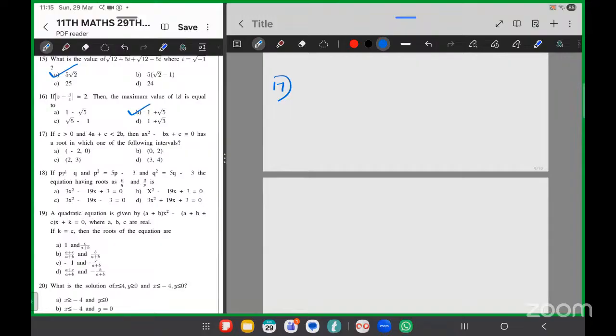So we have to consider the real roots. Which one is it? ax square minus bx plus c equals 0 has a root in which interval.